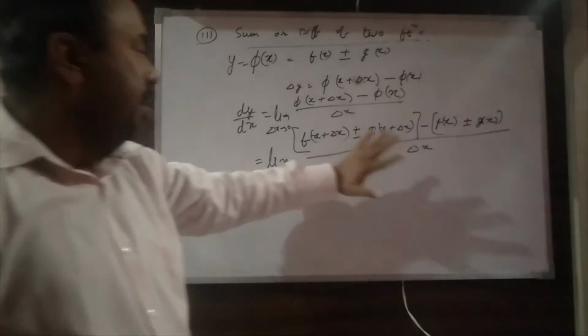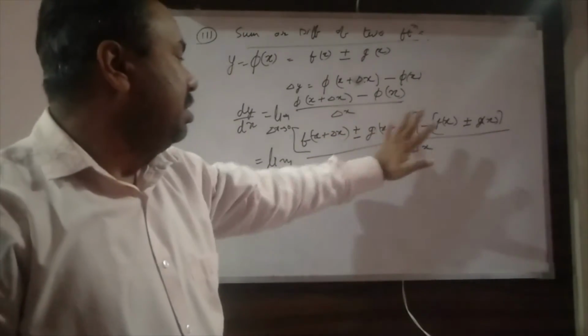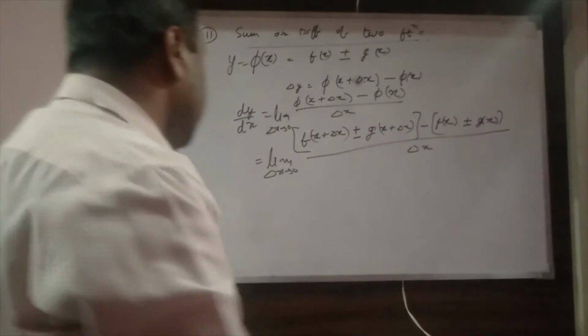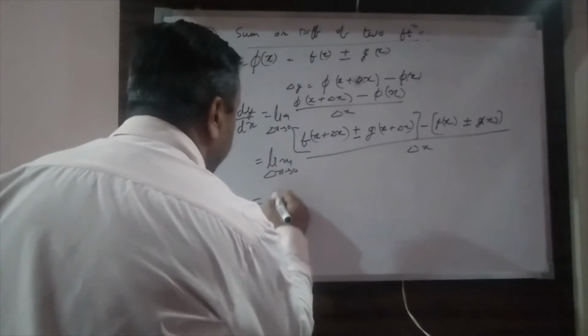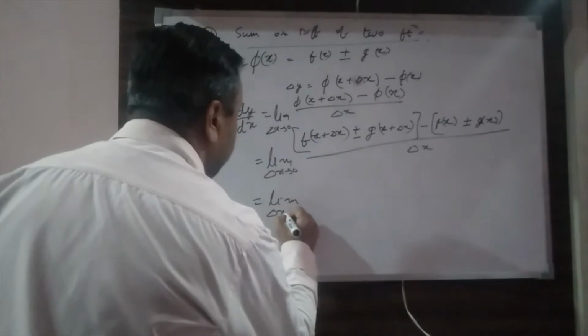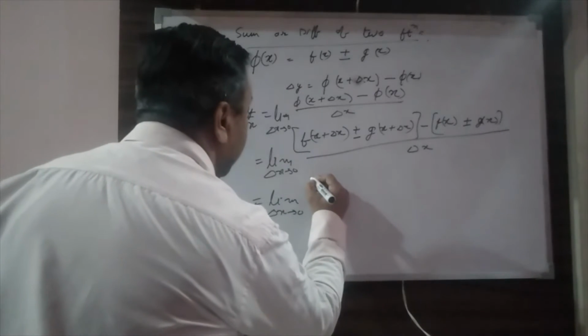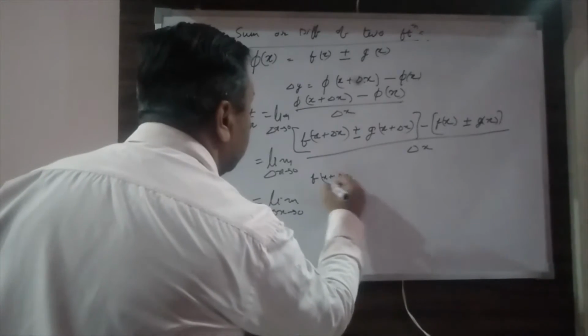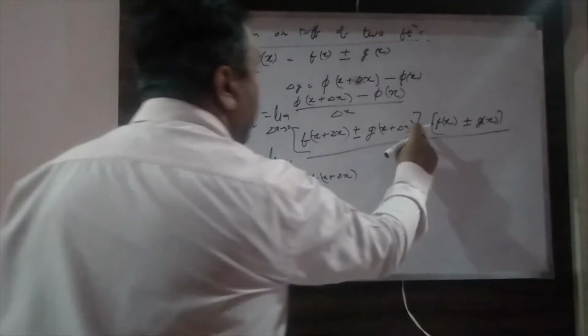Now I will make some rearrangement in this. As delta x tends to 0, I can write it as f(x plus delta x) minus f(x).